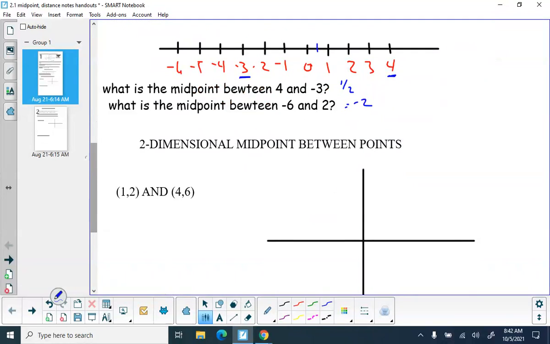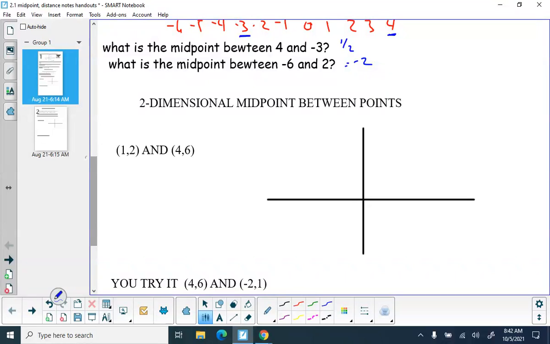Well, what happens when we turn this into a second dimension now? Two-dimensional. I have the ordered pair 1, 2, and the ordered pair 4, 6. So make sure we label our axes. X is 1, Y is 2. There's my ordered pair 1, 2.